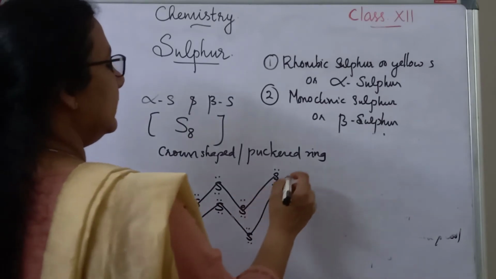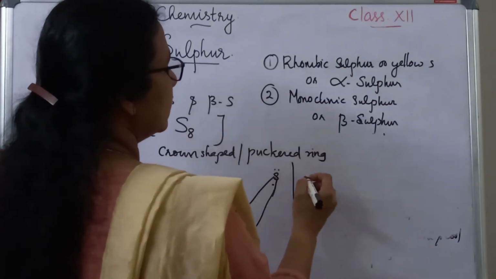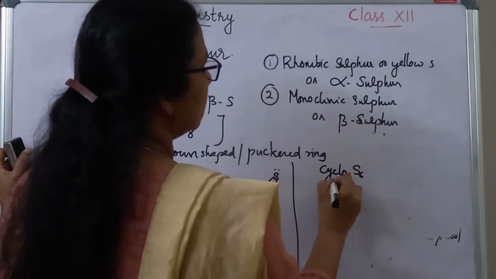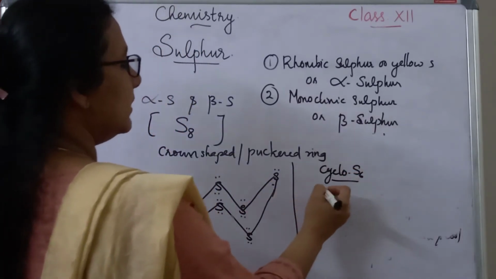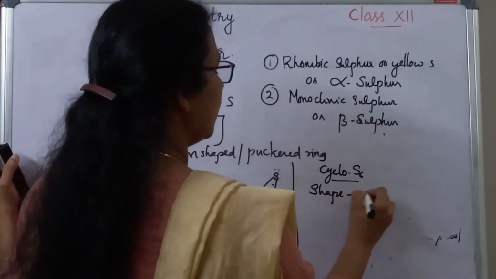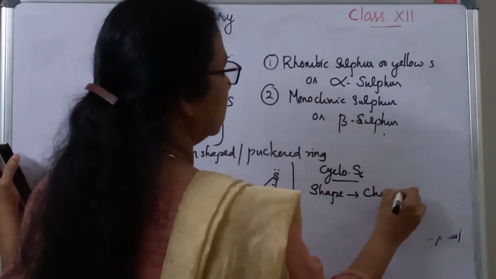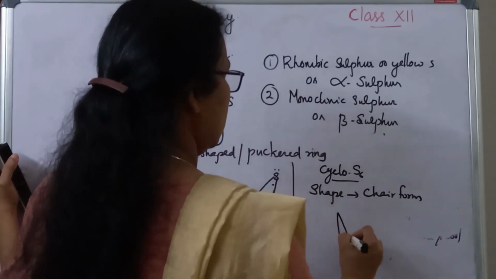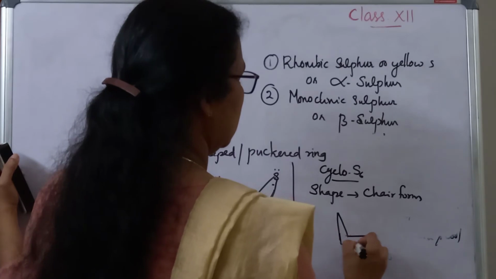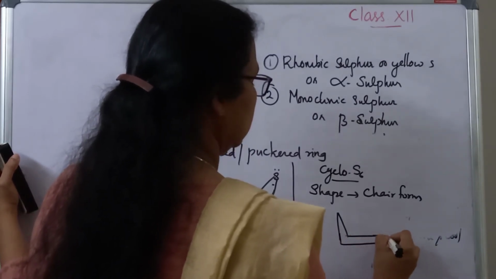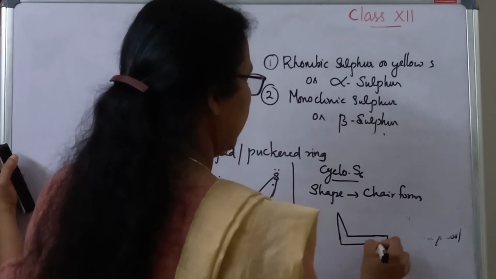Now let us see another form of sulfur, that is cyclo S6, which is also possible. In this case we need to know the shape. The shape is chair form, or chair shaped. This can be drawn like this.